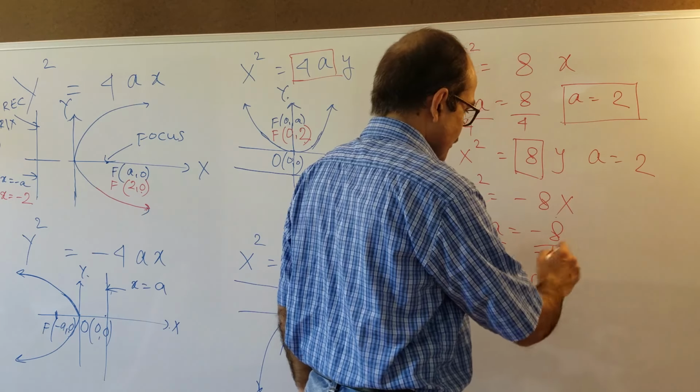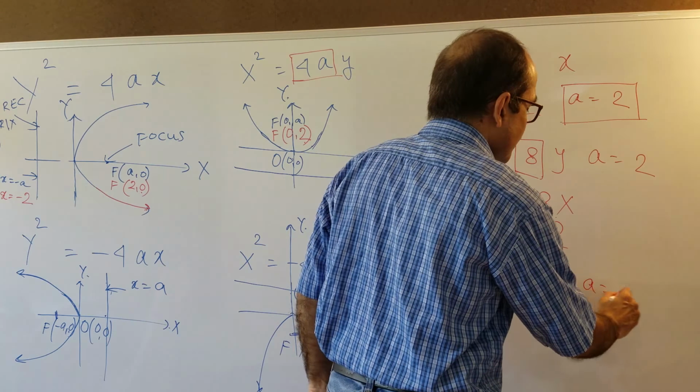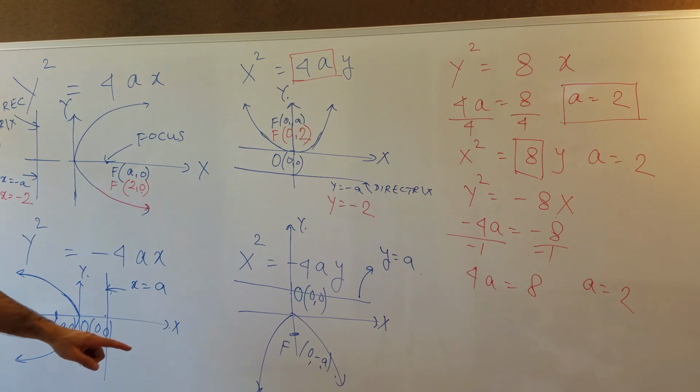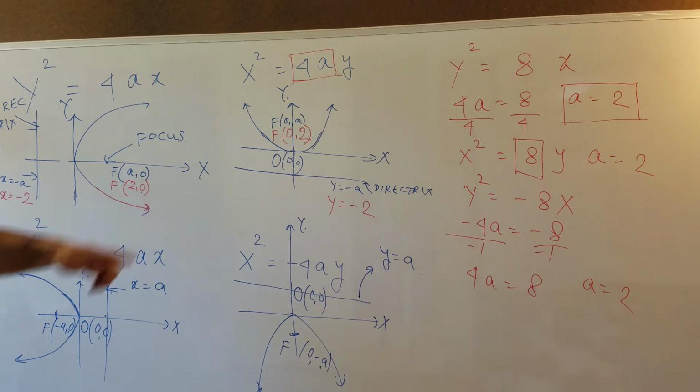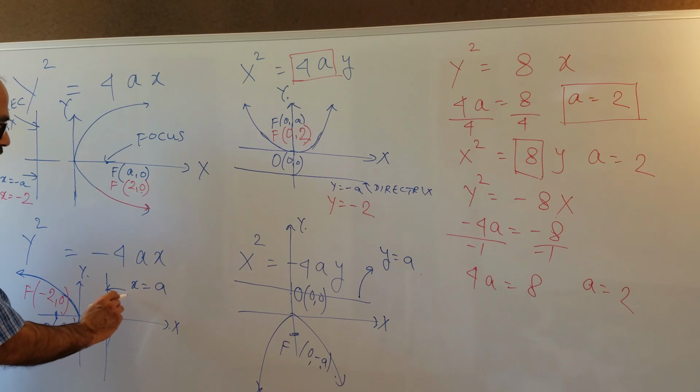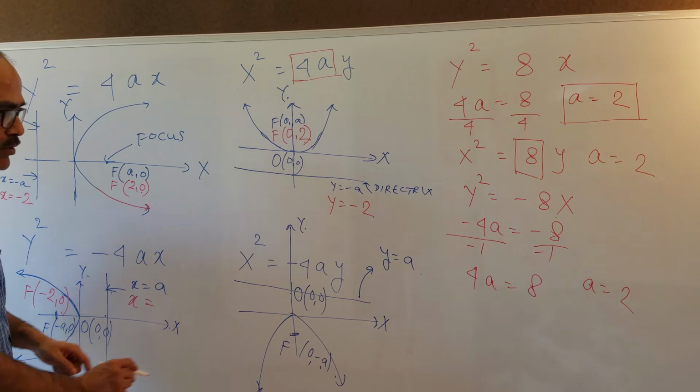So, similar to the first example, we get a is equal to 2 here. So, y square equal to minus 8x is represented by this shape with focus at minus 2, 0 and the directrix at x equal to 2.